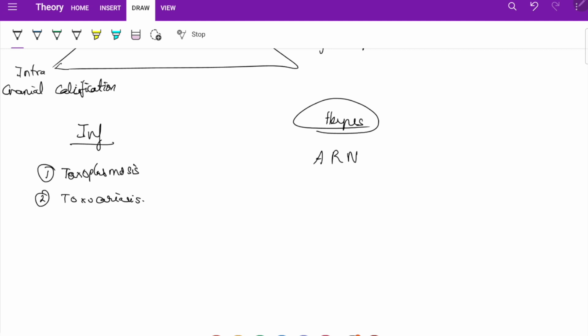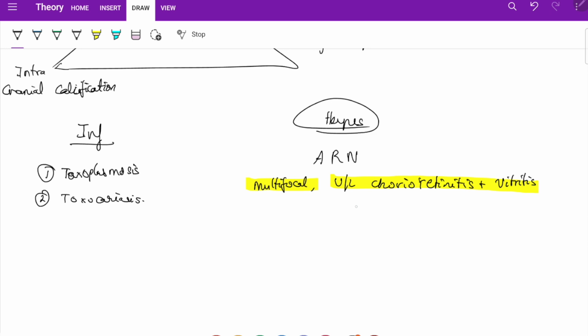Acute retinal necrosis, how this usually presents is a multifocal unilateral chorioretinitis with vitritis. Okay, so there is a unilateral chorioretinitis with vitritis which is multifocal in nature.